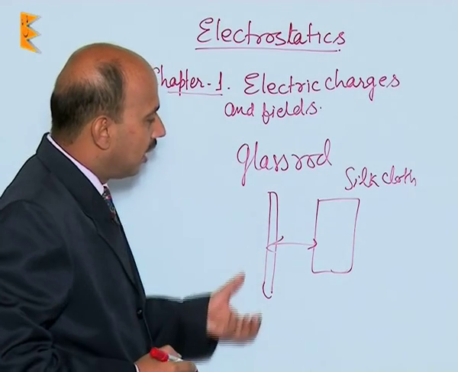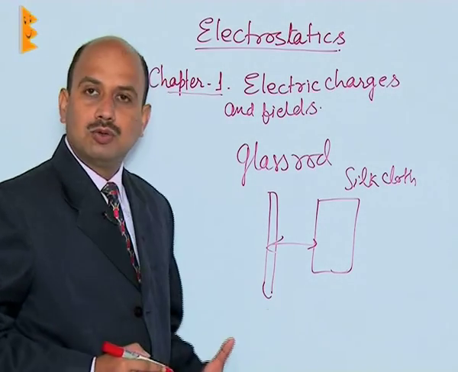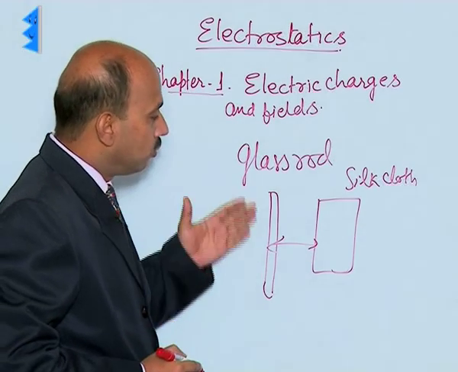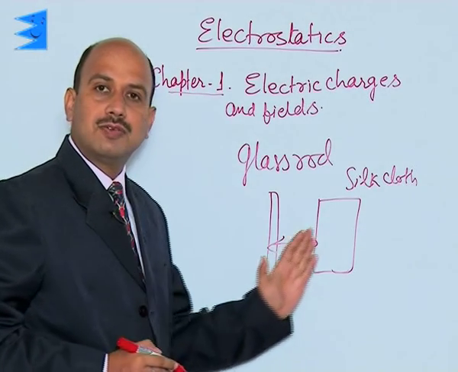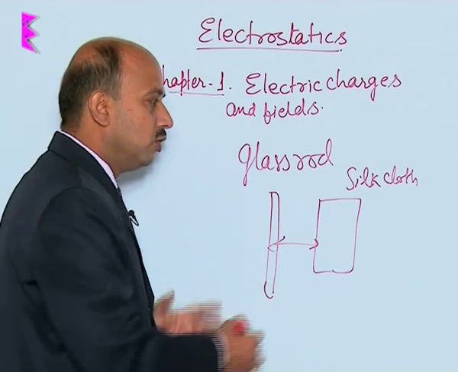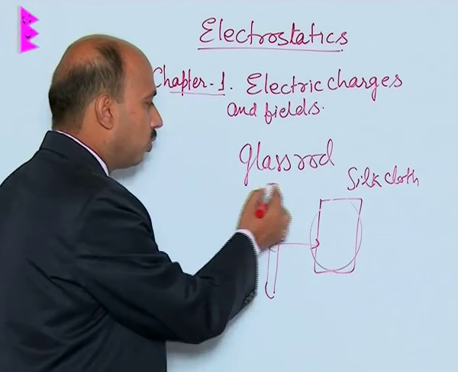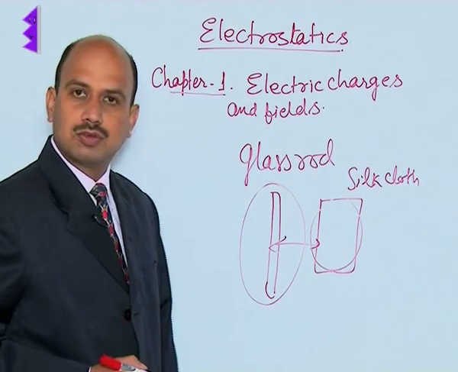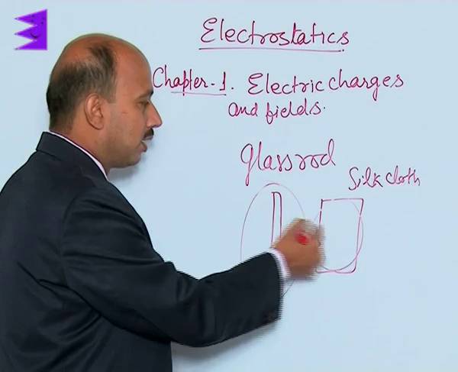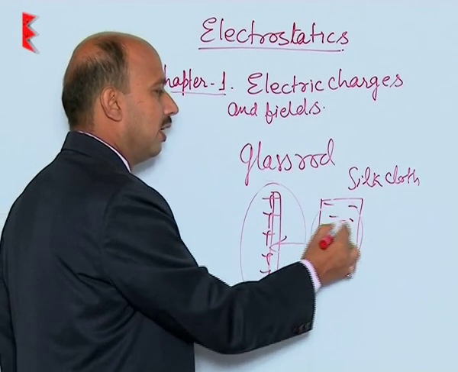The glass rod has more loosely bound electrons as compared to the silk cloth. So the electrons of the glass rod get transferred to the silk cloth, and in this way the silk has an excess of electrons and the glass rod has a deficiency of electrons. So when these two are rubbed, the glass rod attains positive charge and the silk attains negative charge.